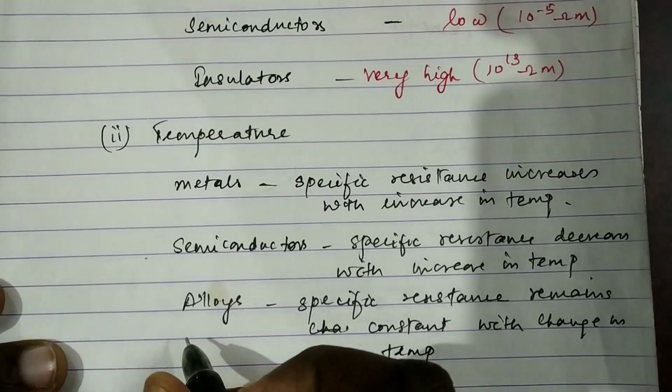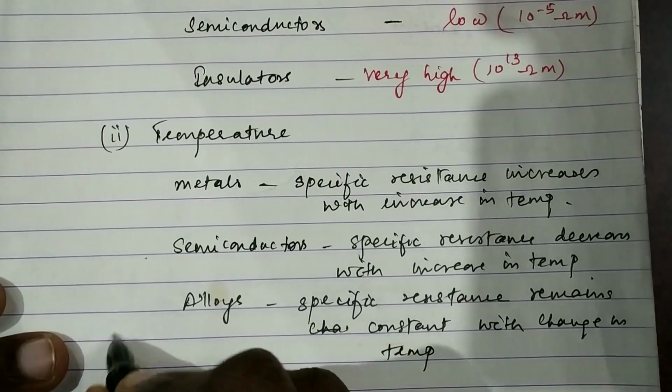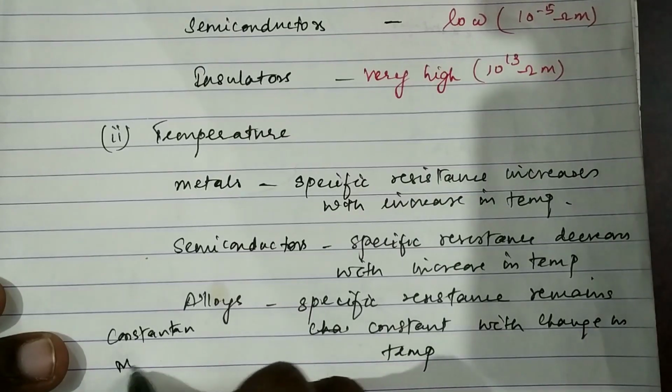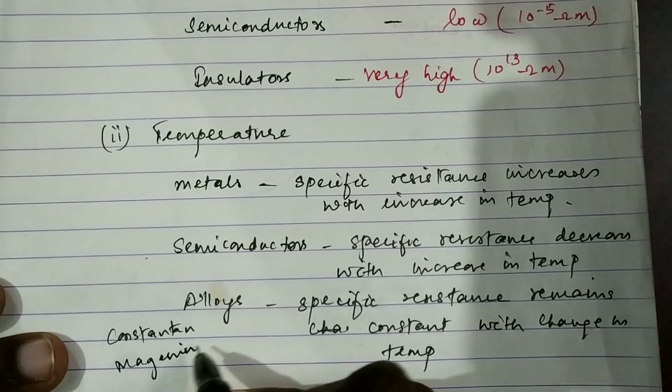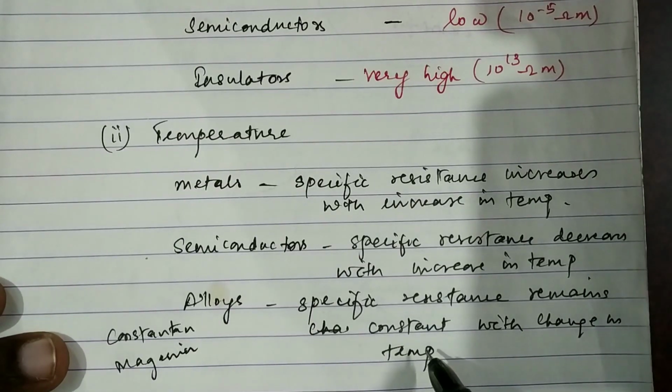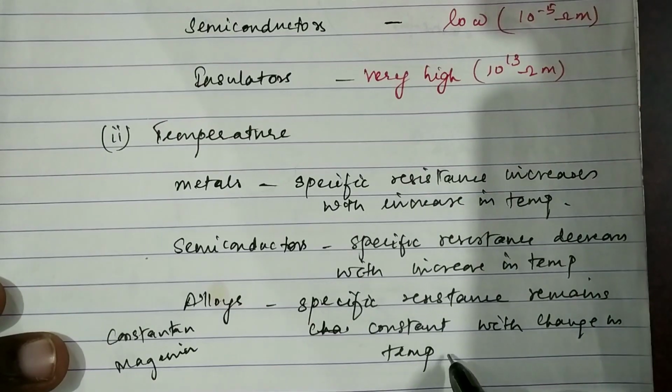See, alloys like constantan and manganin. For these substances, the specific resistance remains practically constant with change in temperature.